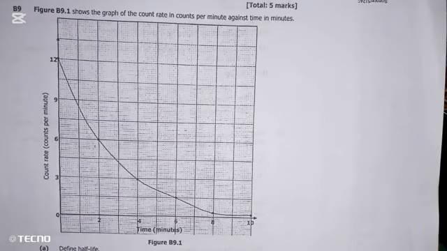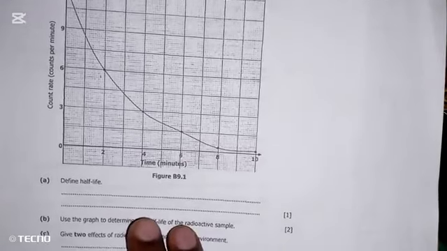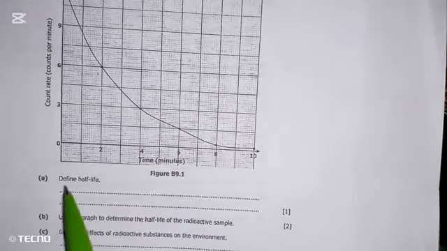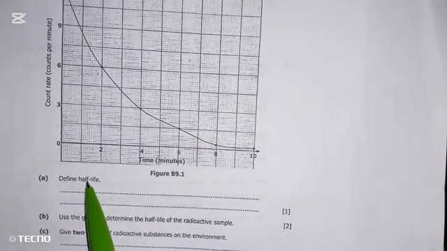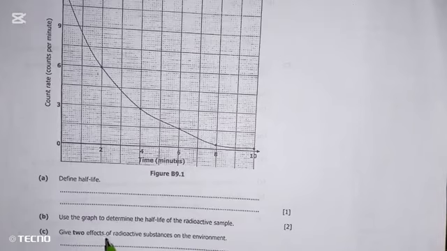So let's go direct and see how the questions are being brought. The first one is: define half-life. Then B, use the graph to determine the half-life of the radioactive sample. C, give two effects of radioactive substances on the environment.